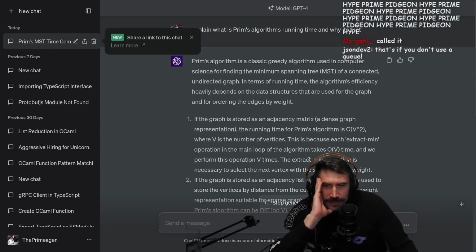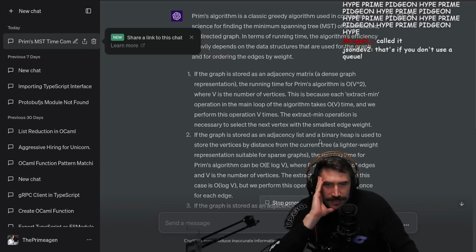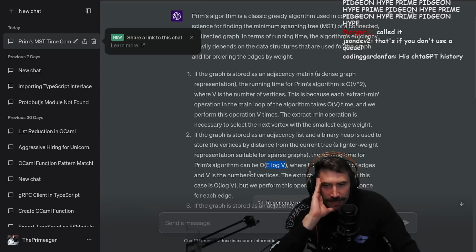Two, if the graph is stored as an adjacency list and a binary heap is used to store the vertices by distance from the current tree, a lighter weight representation suitable for sparse graphs, the running time for Prim's algorithm goes to E log V, where E is the number of edges and V is the number of vertices.